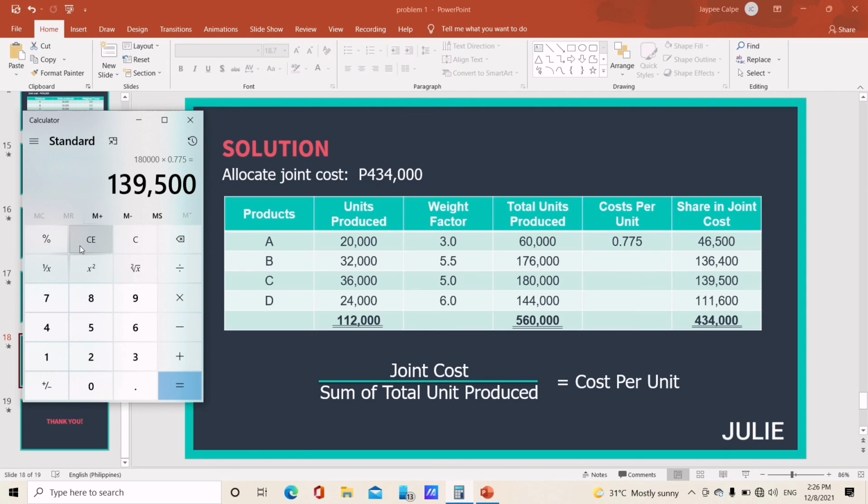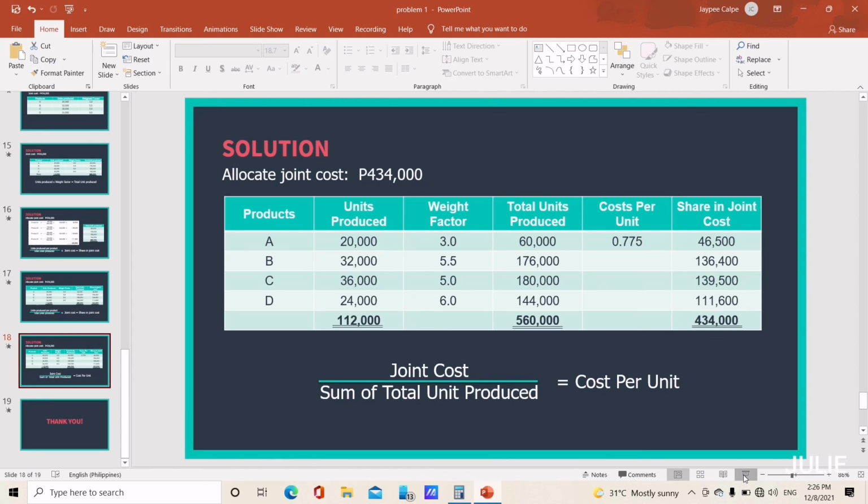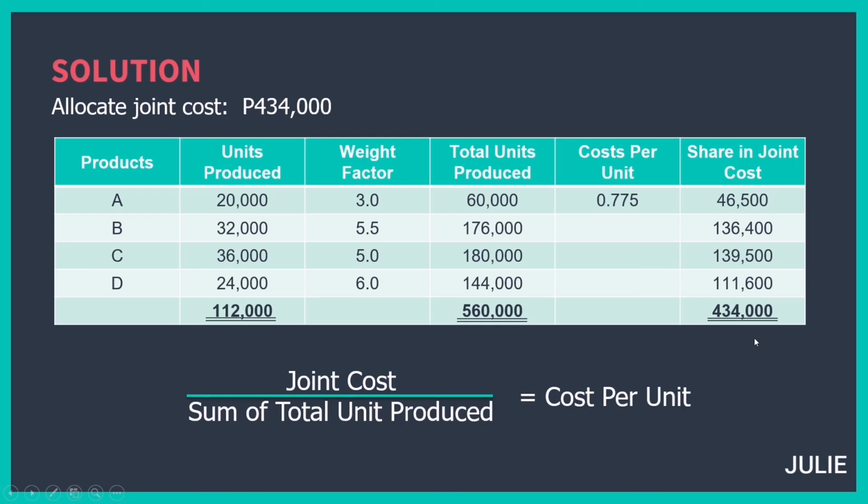We have the same again for product C, and for product D, 144,000 multiplied by 0.775, we have 111,600, the same again as the share in joint cost. So adding all the shares in joint cost, we have again 434,000. We can say that the computed cost per unit is correct because we were able to have the same answer as the computed share in joint cost. So that's it for the weighted average.